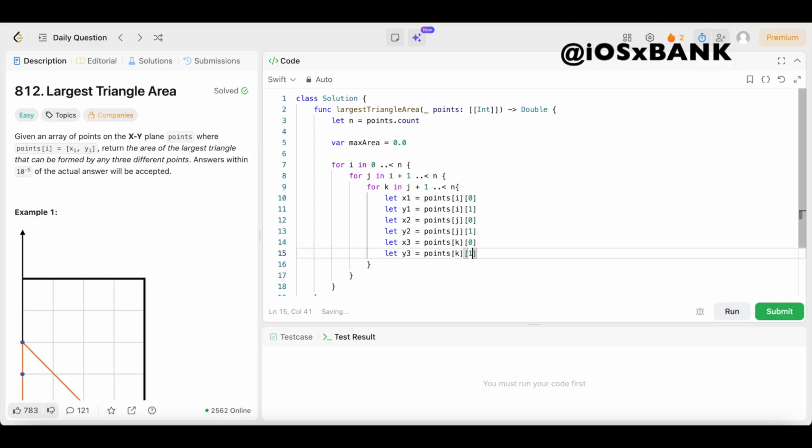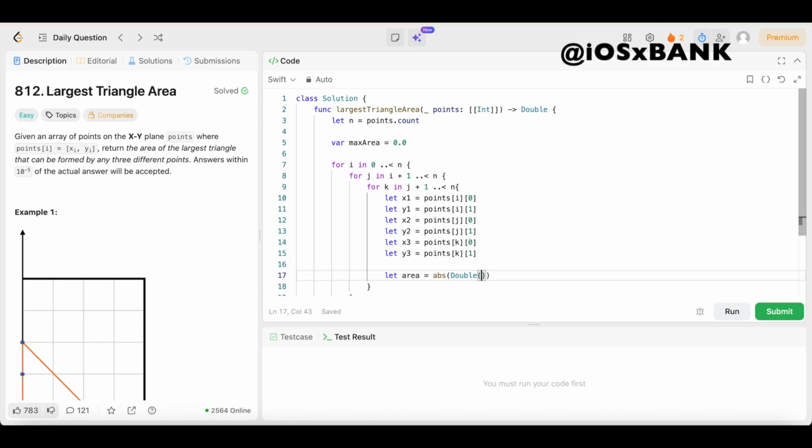Now we need to compute the area of the triangle formed by these points using the shoelace formula. So we're going to come underneath this and say let area equal abs, so the absolute value, open up the parentheses, it's going to be a double. We're going to open up the parentheses again.